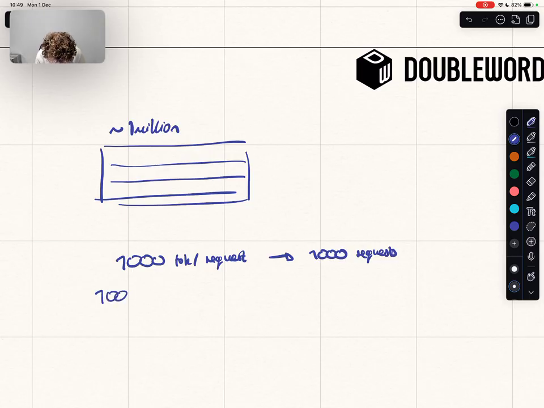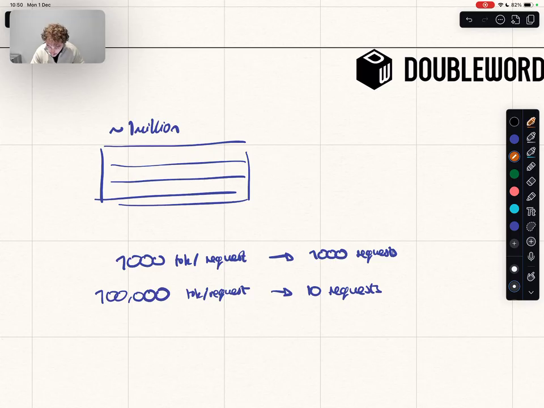If instead each request takes 100,000 tokens, which wouldn't be too out of the ordinary for a very long reasoning task, or maybe RAG over very long documents, then suddenly I can only fit 10 requests in my KV cache.